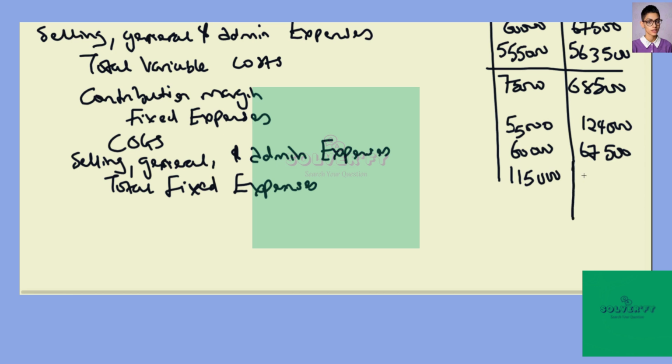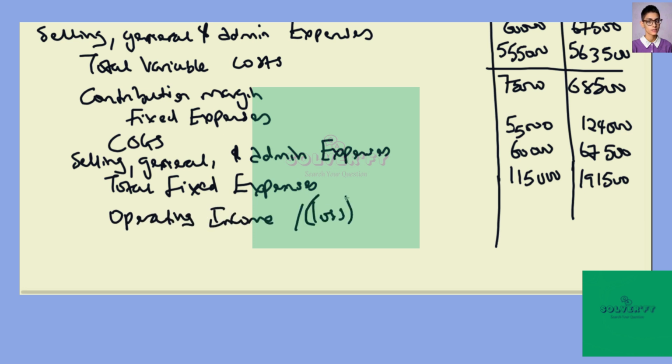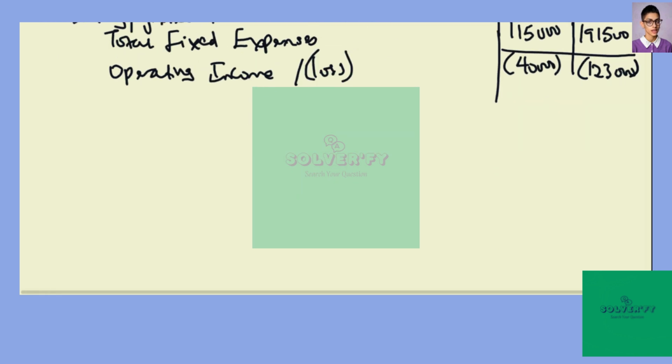So therefore the operating income or loss would be 40,000, and 123,000 for B. So now as for the first question, we want to find for division A, and the second question is for division B.